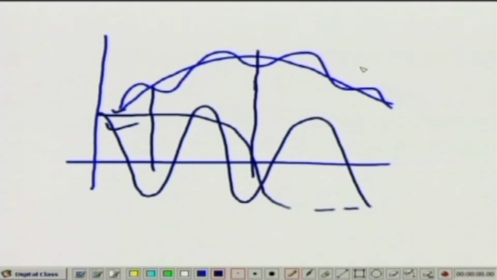So if you calculate an exact pure derivative, then even a small amount of high frequency noise is going to give you a lot of difference in the control input. Therefore you need to use a derivative which will act like a derivative up to a certain frequency, but beyond a certain frequency its gain will not blow up, right. So we need to limit the gain for high frequency noise.